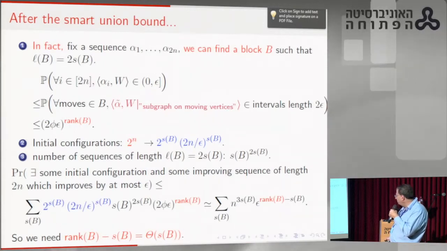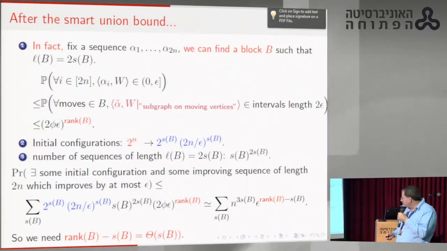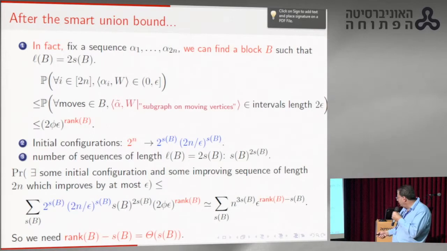Then we still have S of B to the power 2S of B for determining each of the moving vertices. Where are they? Each of the moving vertices, in what order are they moving? The length of the block will now be 2S of B. So in each of these 2S of B steps, which of the S of B vertices are we choosing? That gives us this factor. And then we have this phi epsilon or 2 phi epsilon to the power of the rank as before.